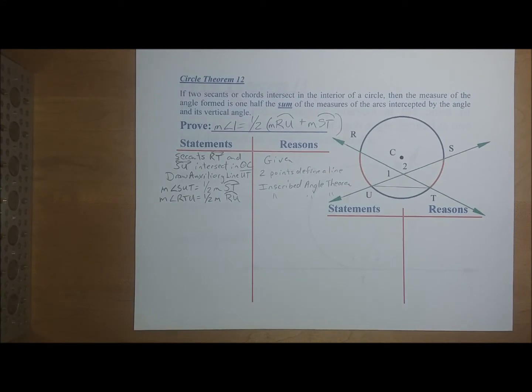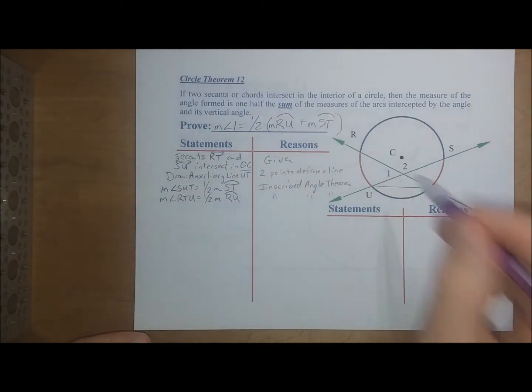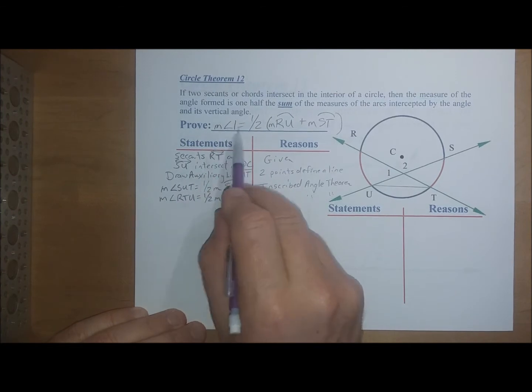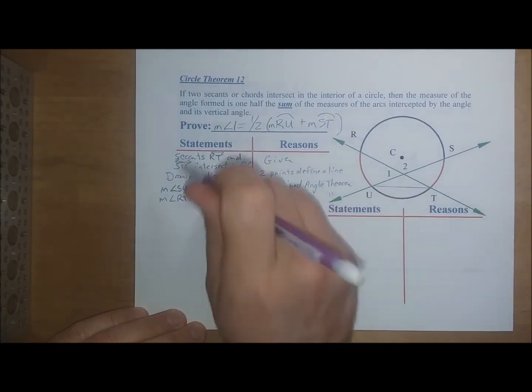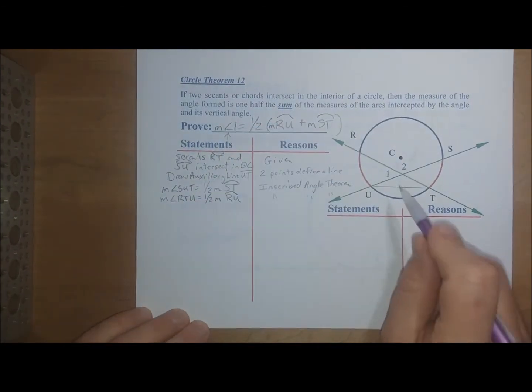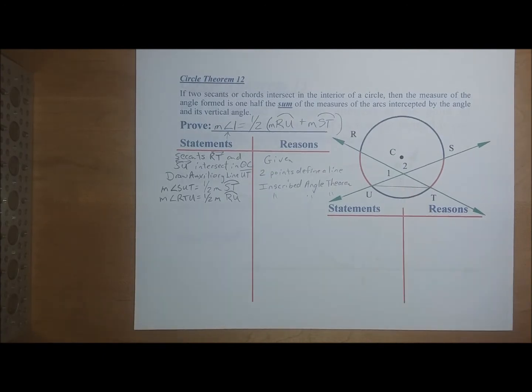Okay. Now I'm going to drag you all the way back to chapter 5 in relationships in triangles. And I'm going to throw out the word exterior angle. Anybody see an exterior angle in a triangle here? I see a triangle right there. I see angle 1, which is right up there in our dashboard, right in our GPS. This is part of our destination. Angle 1 is an exterior angle to this triangle, is it not? And what do we know about exterior angles and triangles?